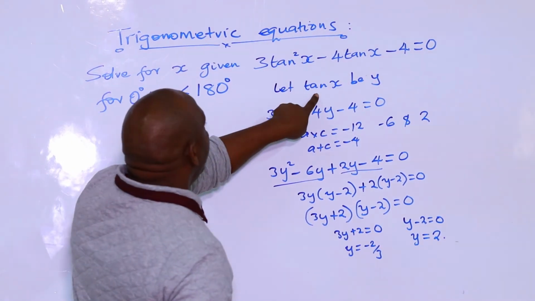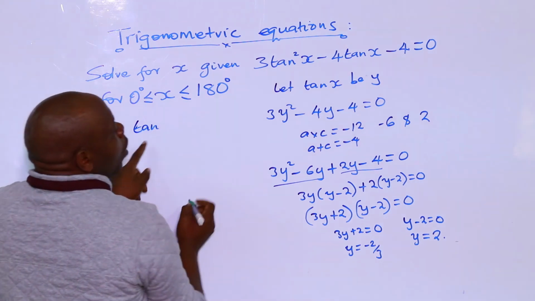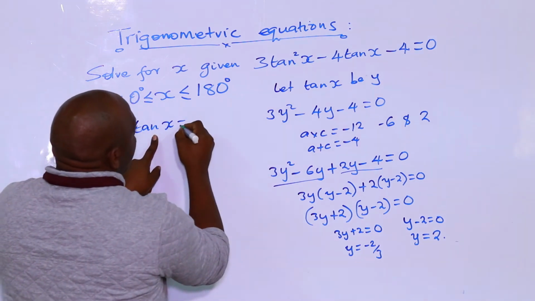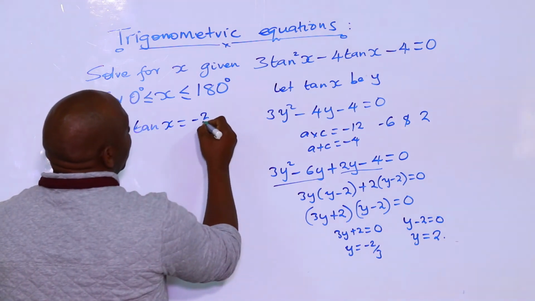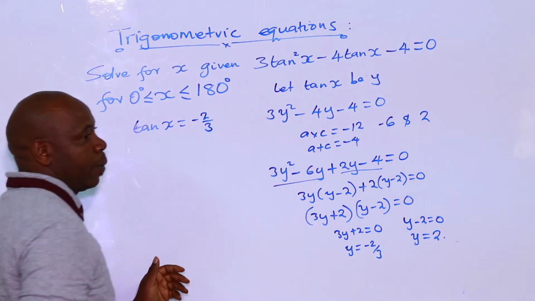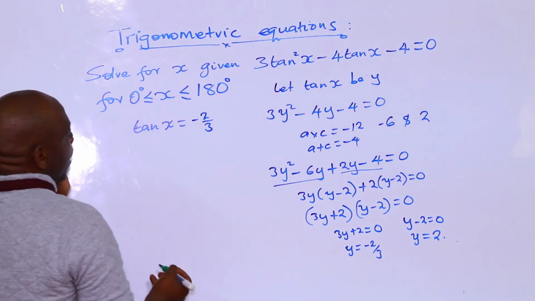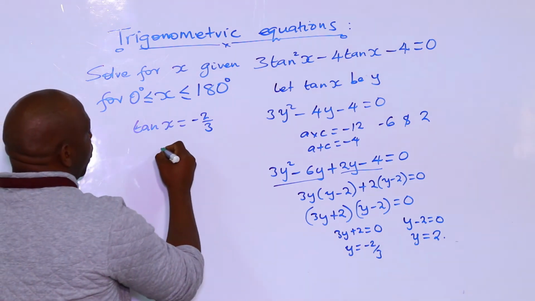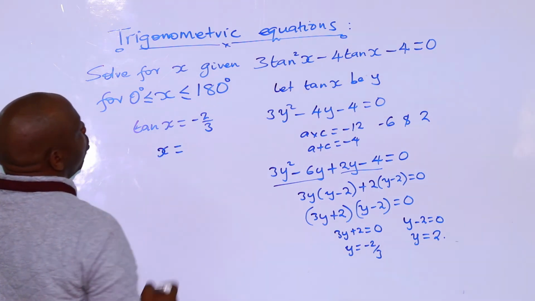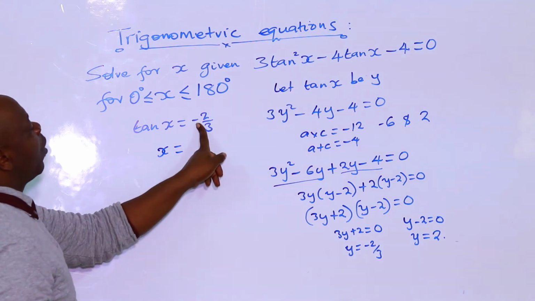So you come back here and say tan of x, if we consider the first one, equals negative 2 over 3. Then you get tan inverse, so that you're left with x. Remember, here we only consider 2 over 3. Negative is for the quadrant.